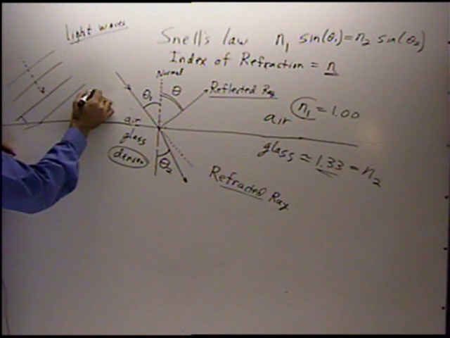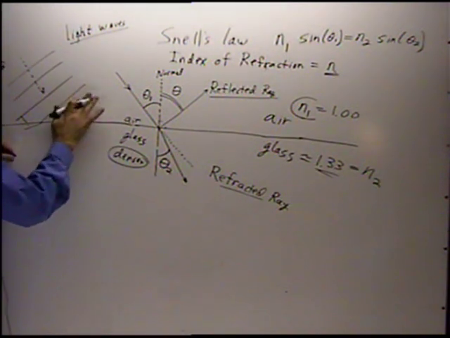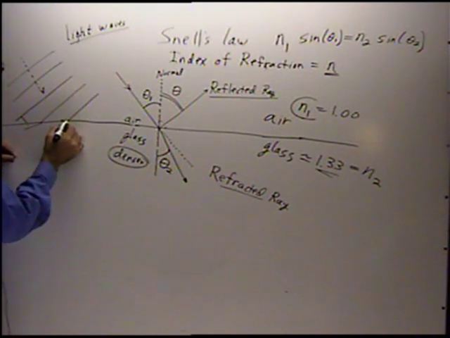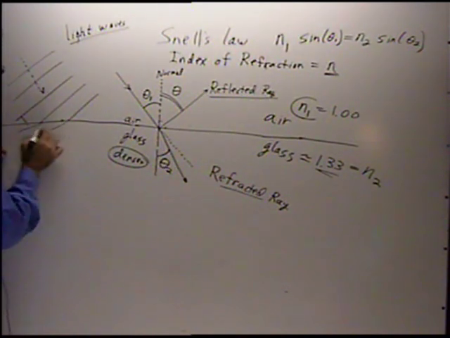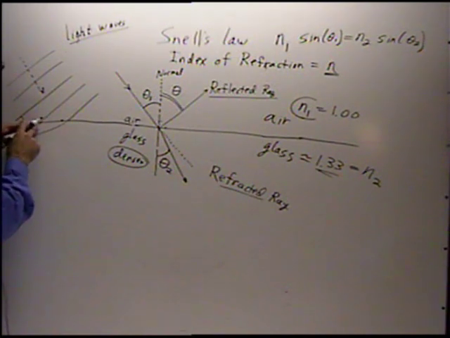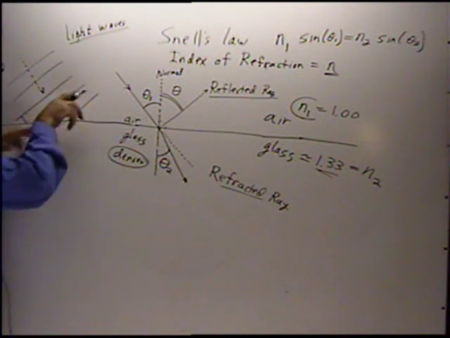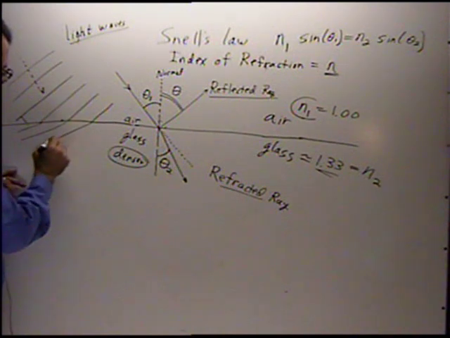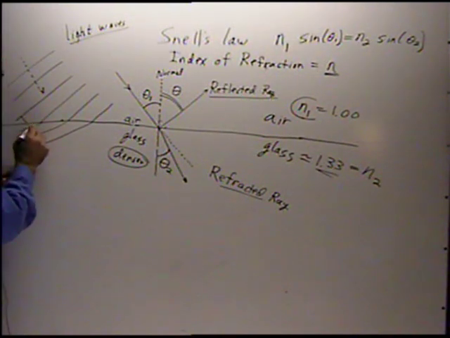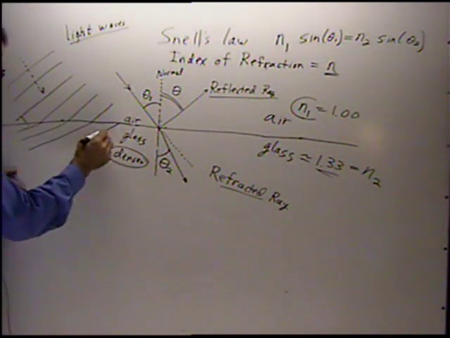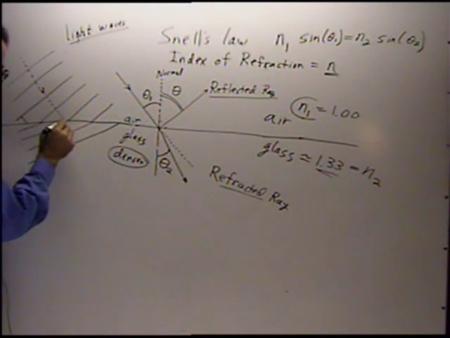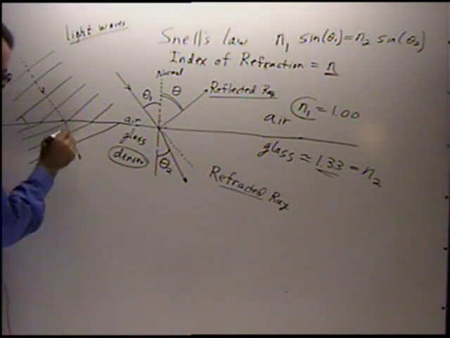The next wave coming in here will bend again, because the wave actually physically travels slower. So you start to get this natural bend. The wave comes in, but it's bent this way.